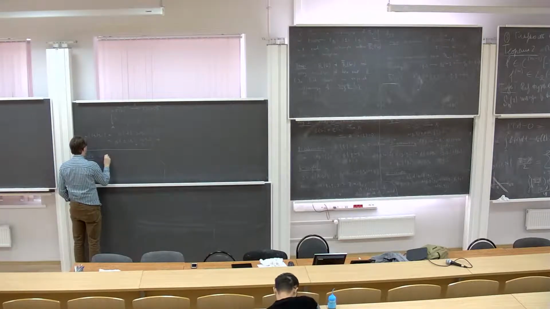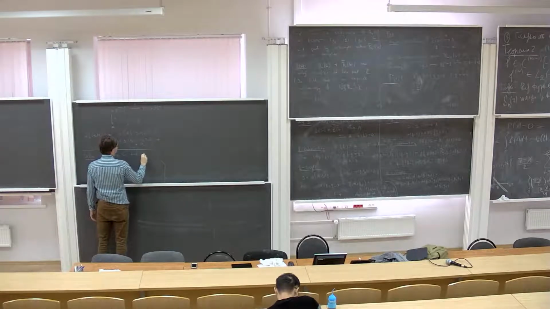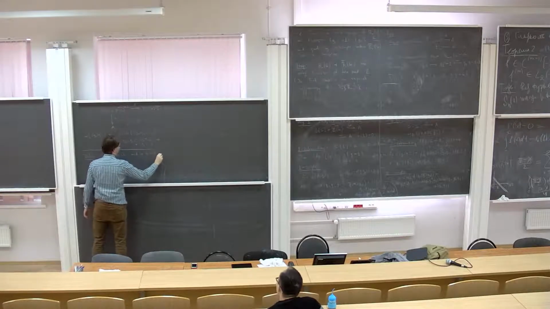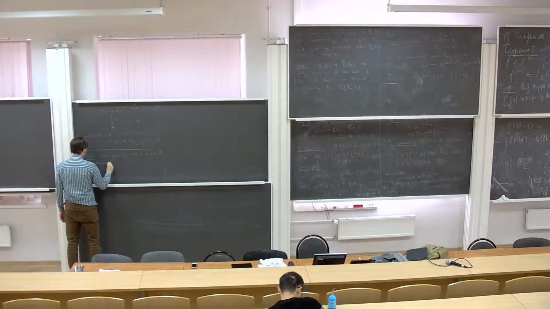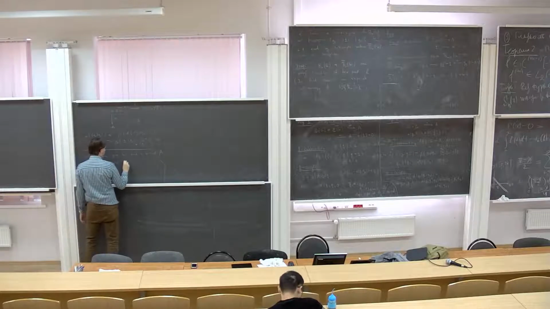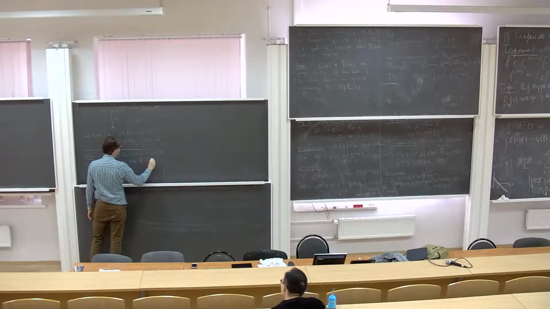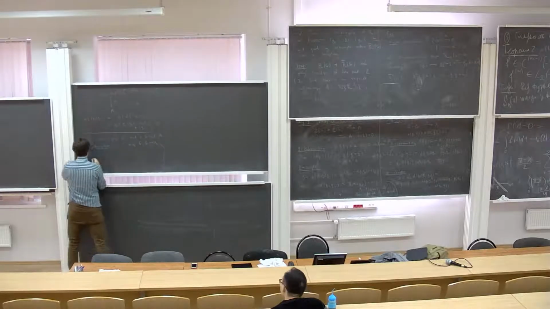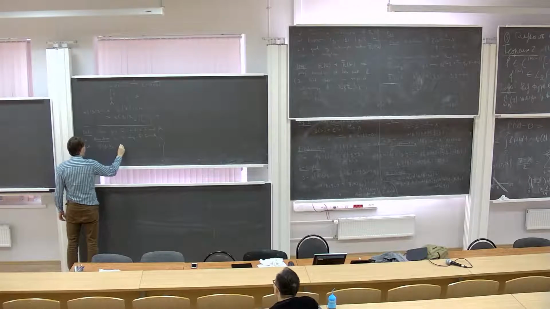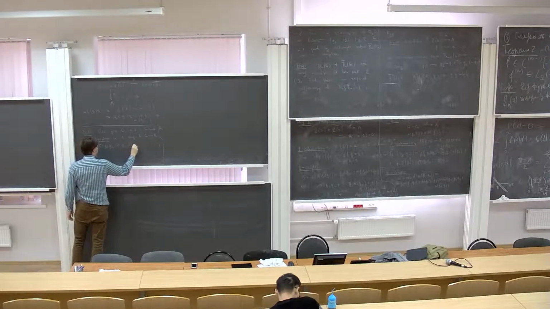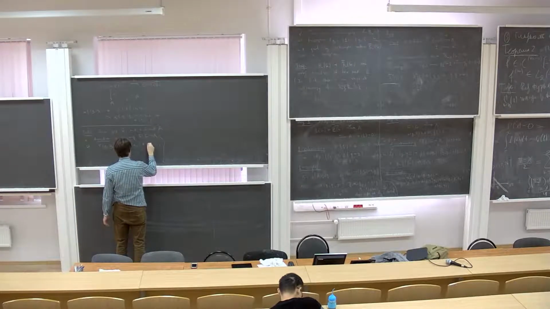Given a group G and a G-module A, a derivation is a map, let me call it little delta, from G to A, such that delta of G1 times G2 equals G1 delta of G2 plus delta of G1.